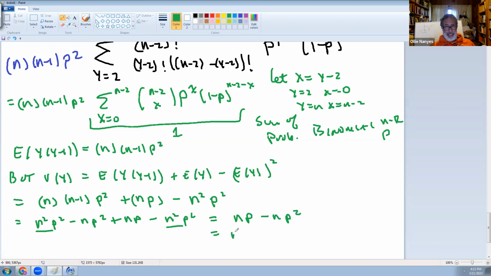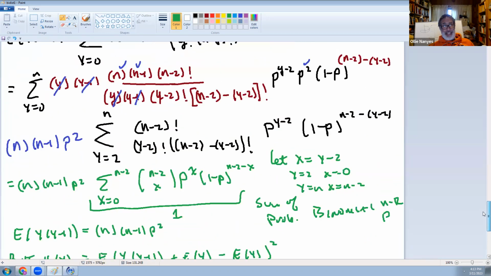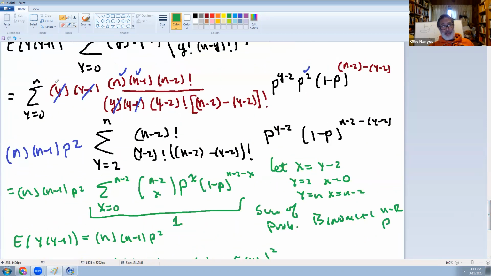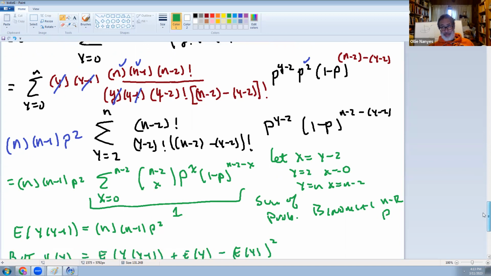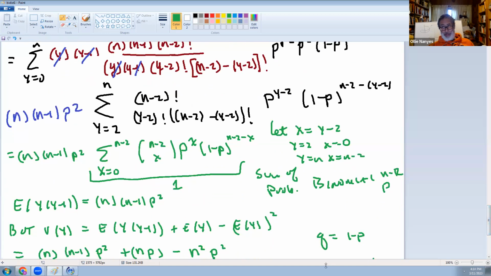Factor out an n and a p, and I get a 1 minus p, or sometimes called npq, sometimes q is referred to that, which is in fact the variance. So as you can see, the key is in the manipulation, this little thing right here. This little manipulation is the key. So that's a binomial distribution, and thanks for watching.